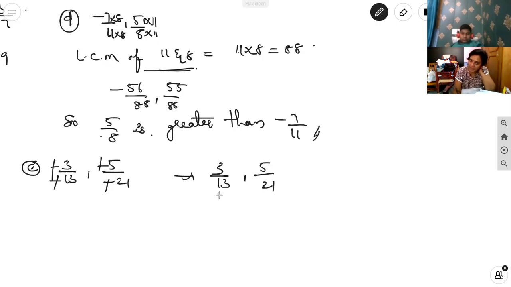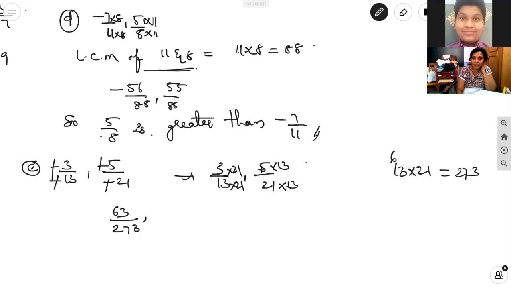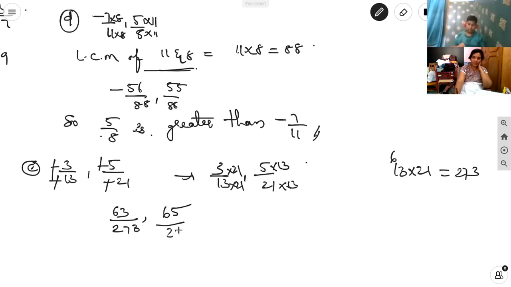So here 13 is a prime number. So 13 into 21 is 273. It should multiply with 21, and the other is multiplied with 13. So 21 3s are 63 by 273. 5 3s are 15, 13 5s are 65 by 273.